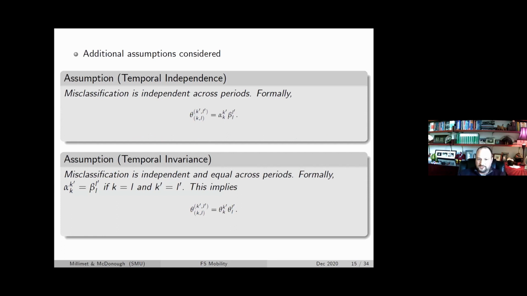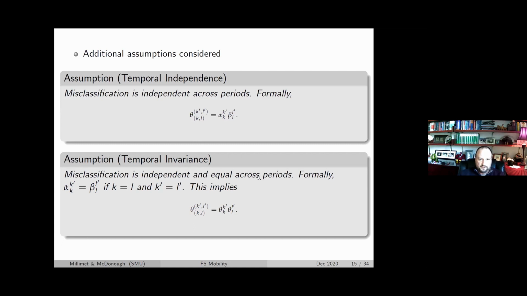But again, there could be a genetic component. There could be, stigma might be passed from parents to kids. So it's not obvious that this assumption has to hold, but it does have a lot of identifying power. And then if we're willing to assume that, then we can go even further and add an invariance assumption that also says not only are they independent, but let's say the probability of misreporting that you're food secure when you're really low food secure is constant across the generations.